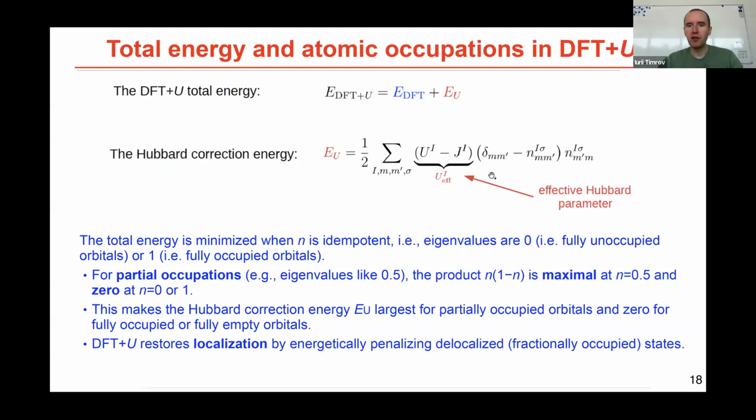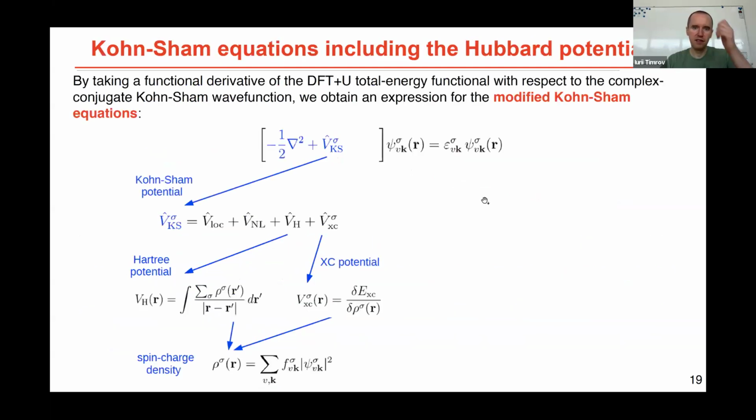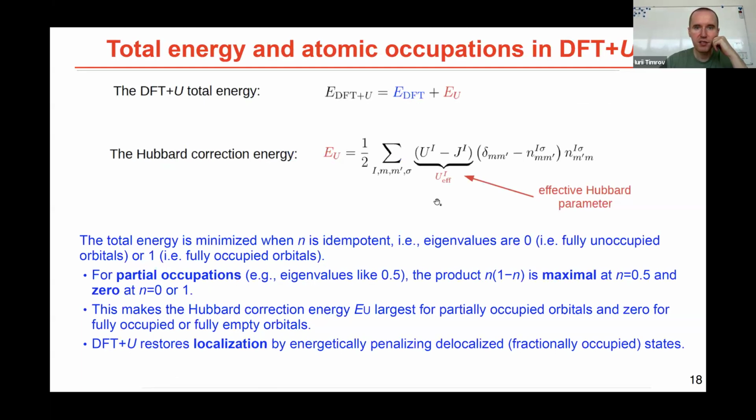But if they are fractionally occupied, like 0.1, 0.2, 0.3, and so on until 0.9, all these states between 0 and 1, you actually act on those states with the correction. Any questions so far about this Hubbard corrective energy?